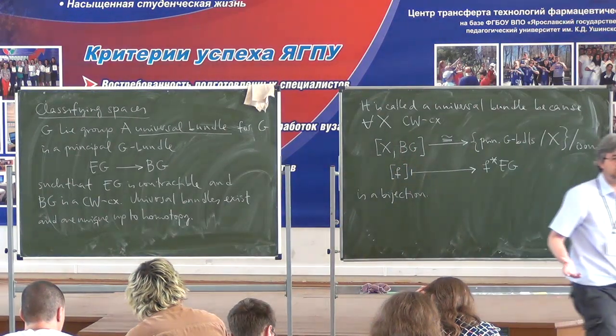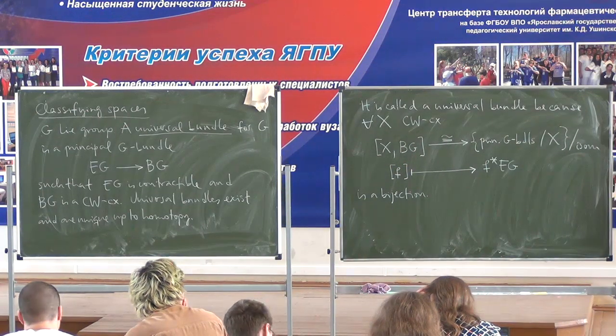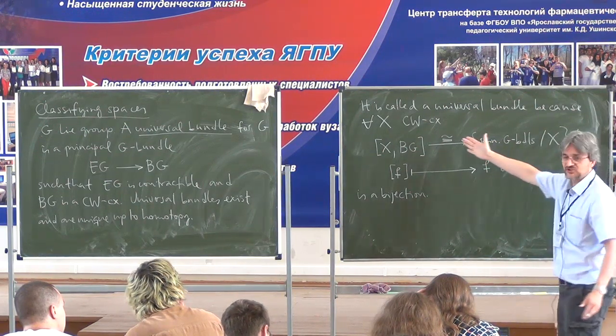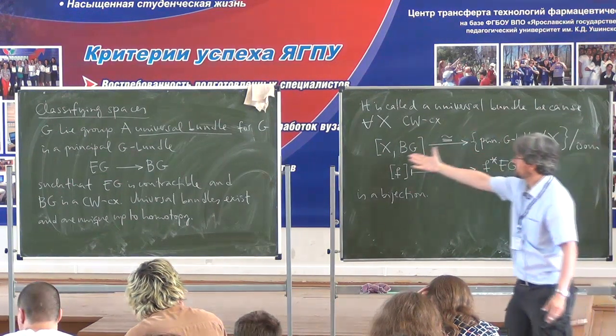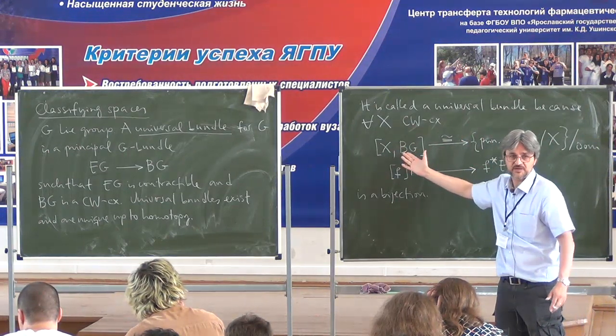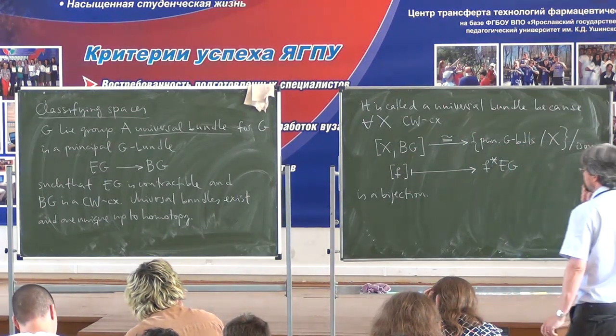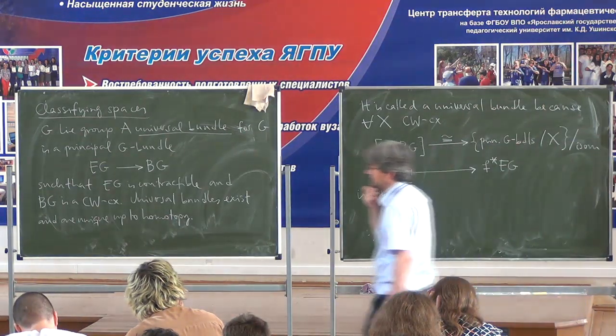Okay, so it's a very natural problem, given a space, to classify up to isomorphism all principal G bundles on that space, and here this gives us a translation of that problem into the problem of classifying the homotopy classes of maps from X to BG. Okay. Good.